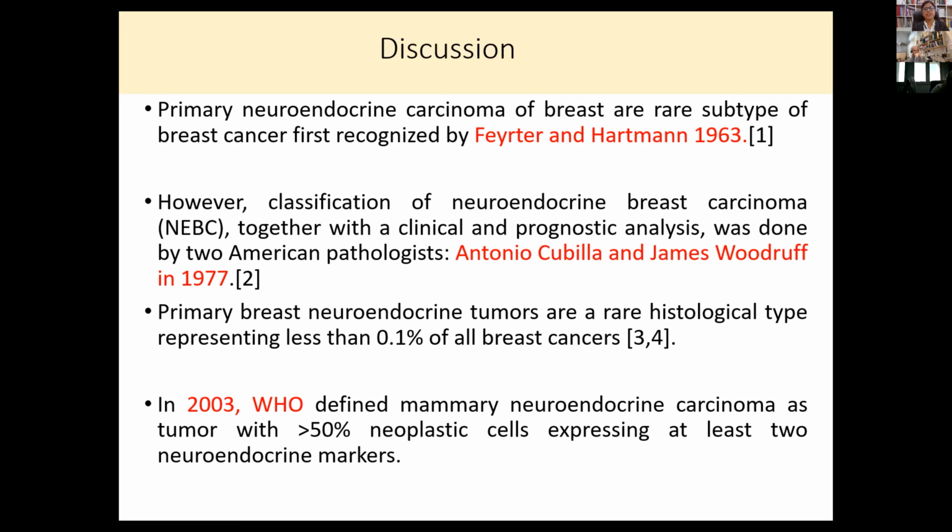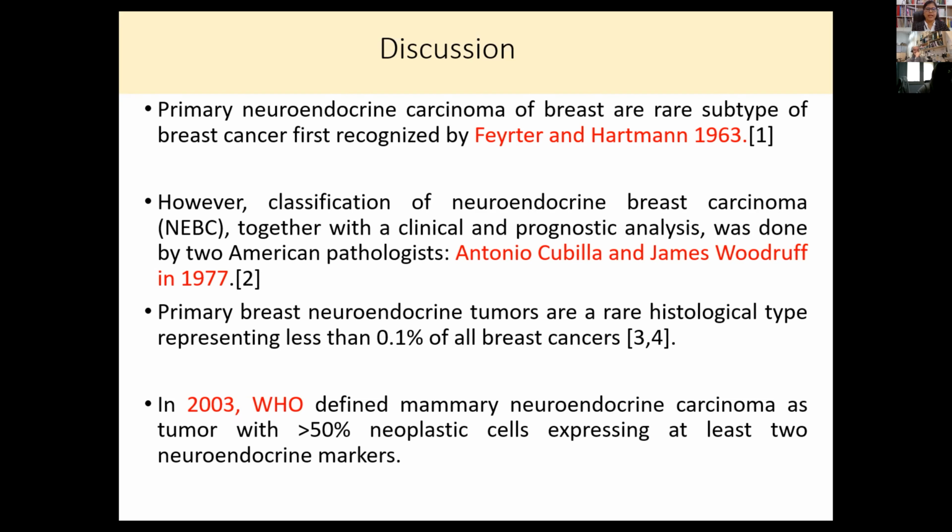However, the classification of neuroendocrine breast carcinoma together with clinical and prognostic analysis was done by two American pathologists, Antonio Cubilla and James Woodruff, in 1977. This is a rare histologic subtype, representing less than 0.1% of all breast cancer.